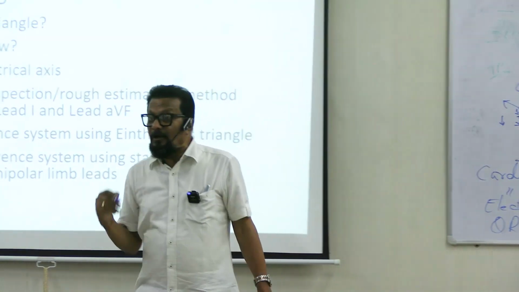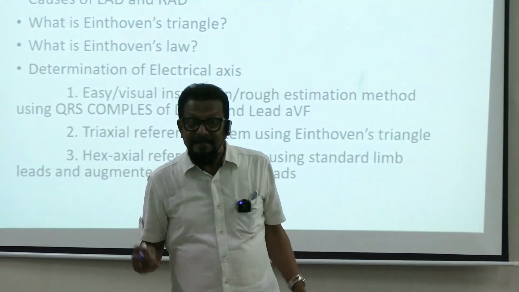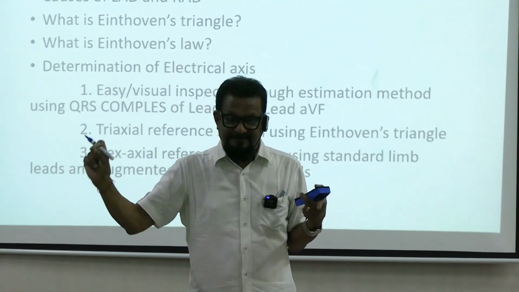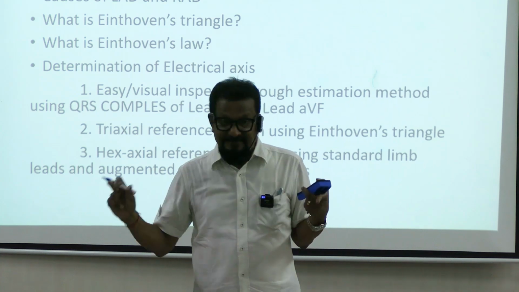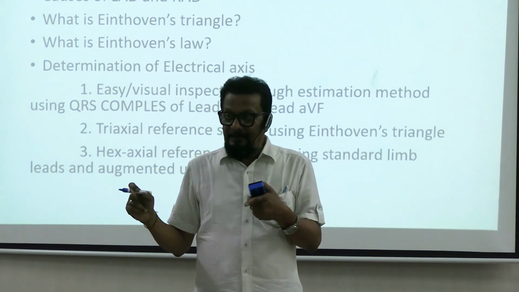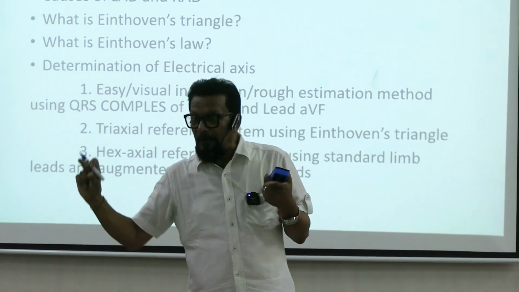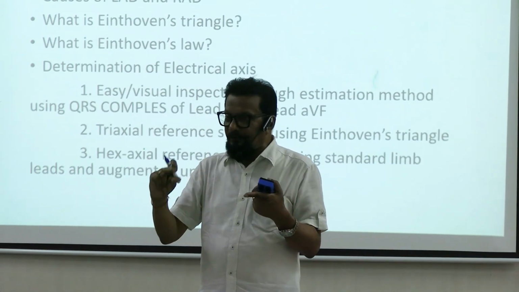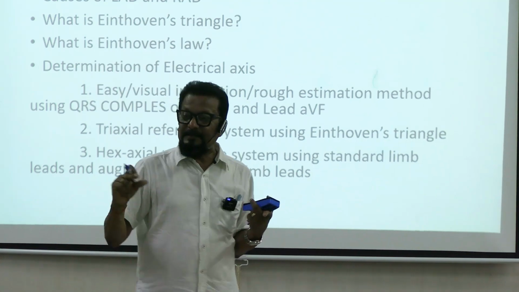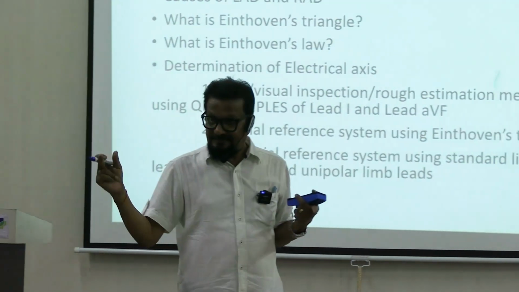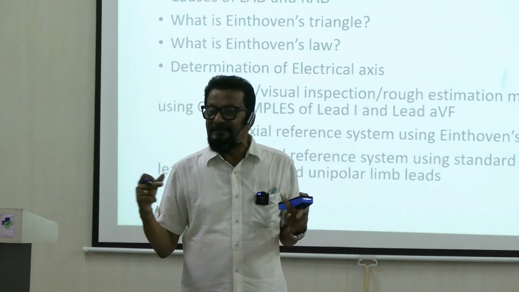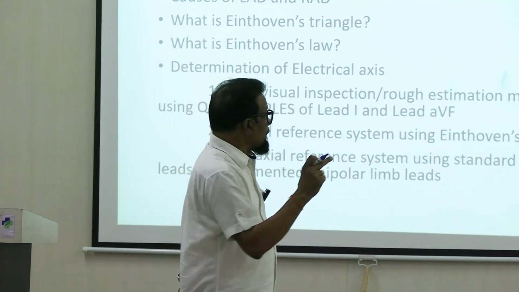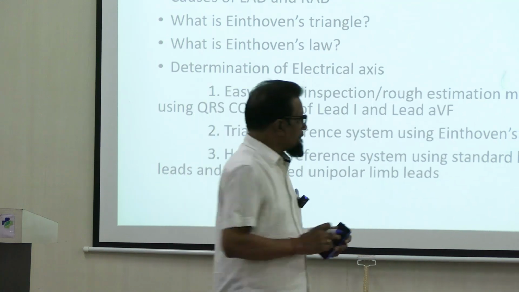In some ECG recordings you will find a T axis or a P axis. These are determined using the P wave or T wave instead of the QRS wave. If you use the P wave for determination of axis, you get the P axis; in the same way you get the T axis. But more commonly and usefully, we use the QRS axis.